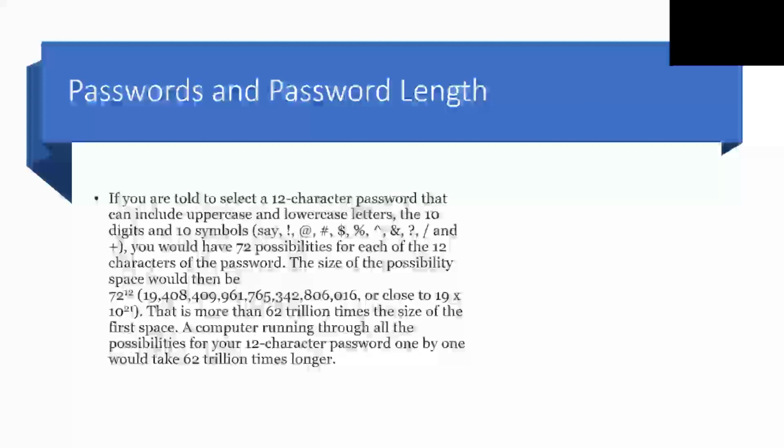So a computer running through all the possibilities for your 12-character password one by one would take 62 trillion times longer, just to give you a sense of how much making a longer password actually makes a difference. The computers that we have just aren't fast enough. No hacker has a computer fast enough or powerful enough to crack something that would take potentially trillions of years if it's a really long password.